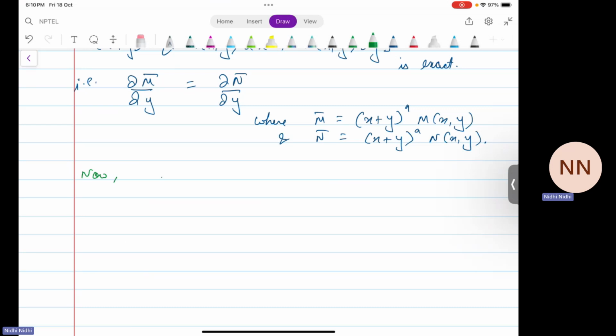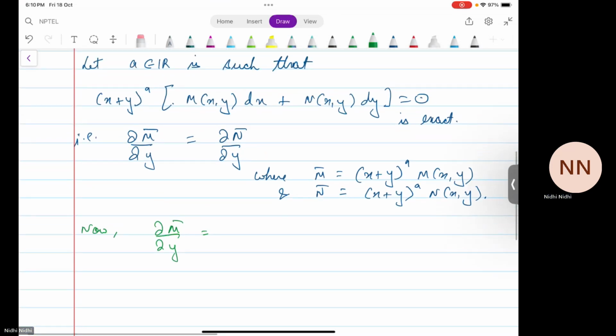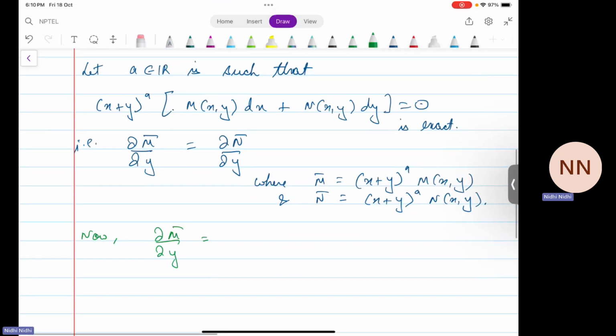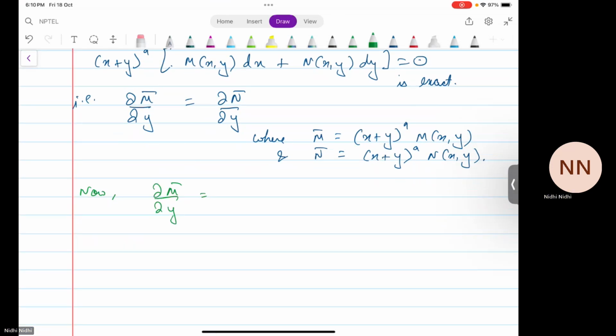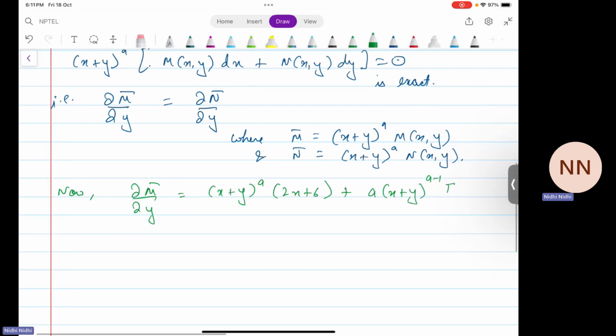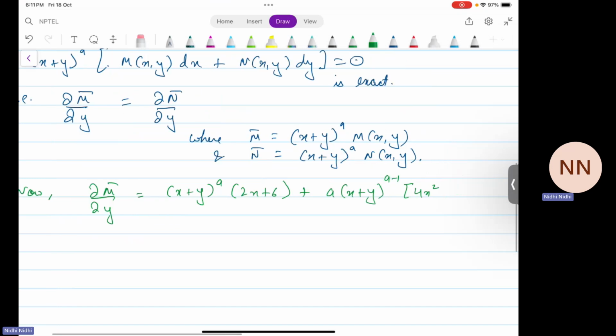Now del M bar by del y is equal to, so we have (x plus y) to the power a as it is, times del M by del y. And what is del M by del y? It is 2x plus 6. So this is basically (x plus y) to the power a times (2x plus 6) plus a times (x plus y) to the power a minus 1 times (4x squared plus 2xy plus 6y).